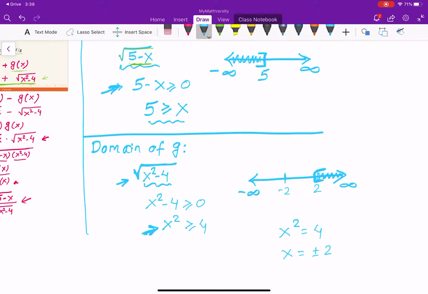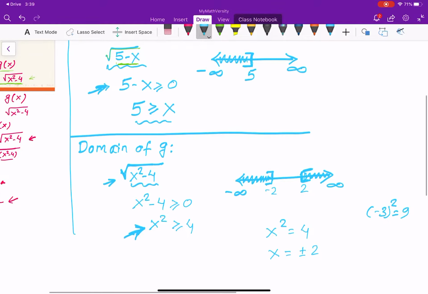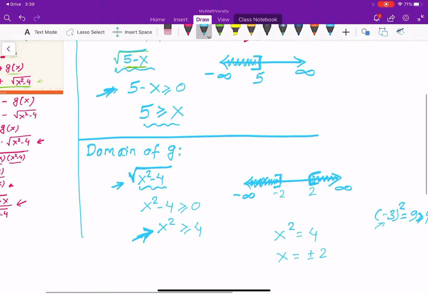At the same time, in a similar way, if you choose any real number which is less than or equal to negative 2, the square of that number will also be greater than 4. For example, negative 3, the square of that is positive 9, which is strictly greater than 4. So negative 3 is in the domain of the function. All the real numbers over here will be in the domain of this function g.